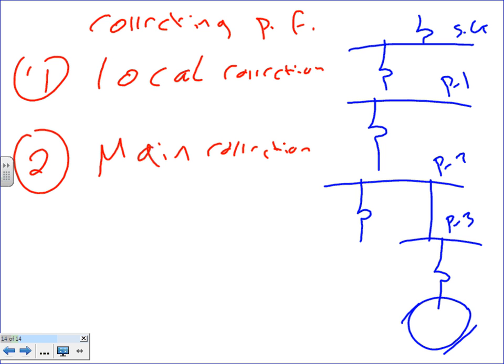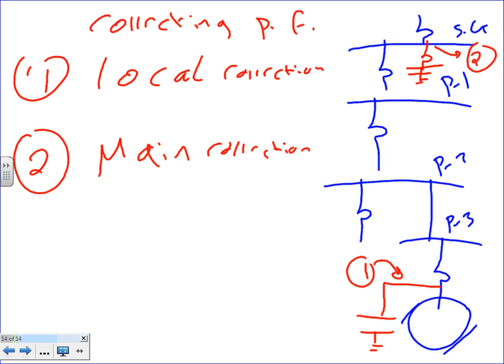Just to give you an idea, guys, what the local is, the local would be right in here, and you put your capacitor. So this will be number 1. Can you guys see that? This is a local. Global or main, you come over here, guys, right at this point, and you put your capacitor right at this point. This is my capacitor. This will be number 2. Can you guys see that difference? Way at the switchgear or down at the level of the motor.